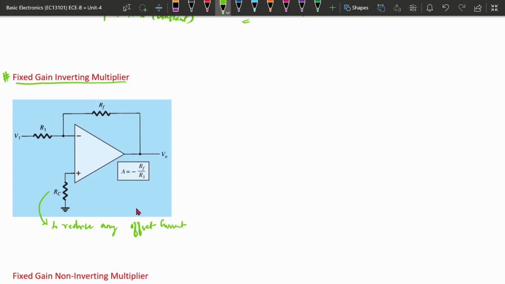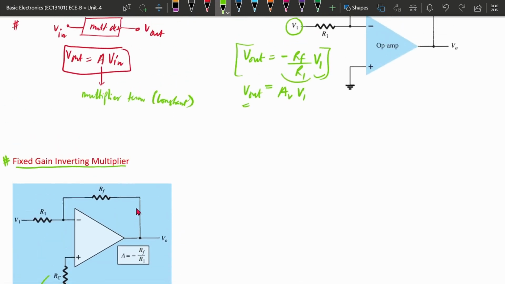current. For an ideal operational amplifier, suppose we connect the input and this input is 0. If input is 0, the output should be 0. This is the ideal case. But practically, even if the input is 0, V output is not equal to 0. It has some value. This is the practical case.